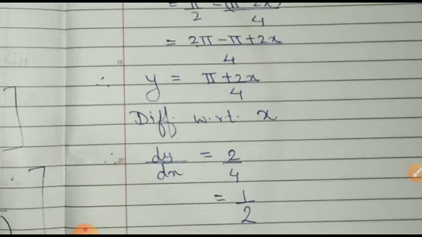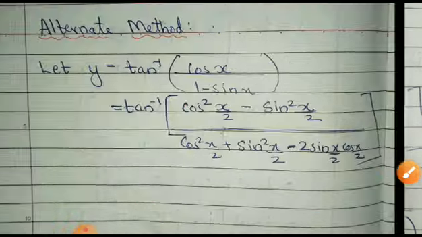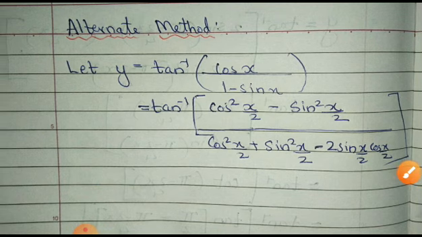Clear? After simplifying, I'll be getting y as this. Now differentiate it with respect to x and I'll get the answer as: derivative of pi is 0, so derivative of 2x by 4 I'll be getting as 1 by 2. Clear? Now see the other method, how to do it.